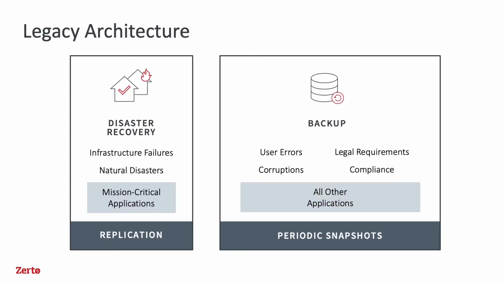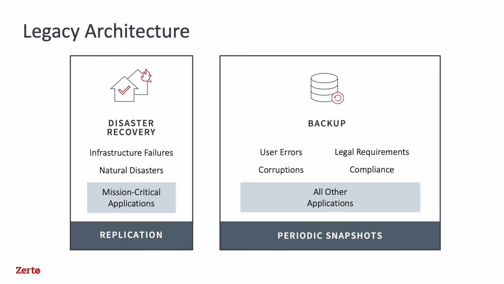As we've continued talking about what your current environments look like, having siloed DR and data protection, this is what we're seeing. The legacy architecture of most organizations is that they use replication for DR purposes, to cover for infrastructure failures and disasters, and this really only applies to mission critical applications. Then you have completely siloed solutions for your backup requirements.